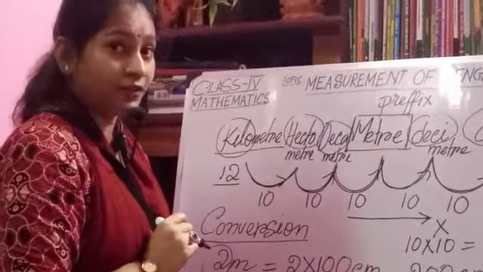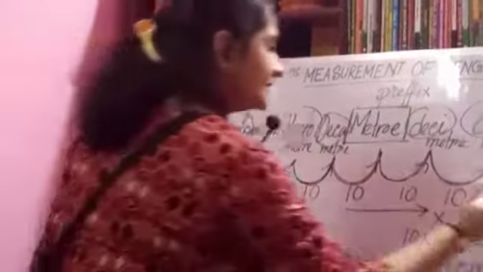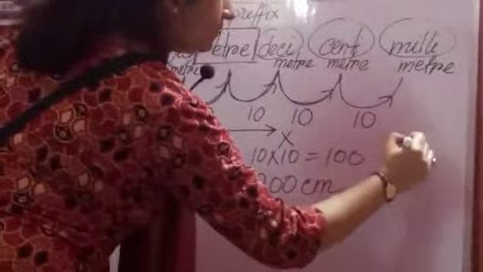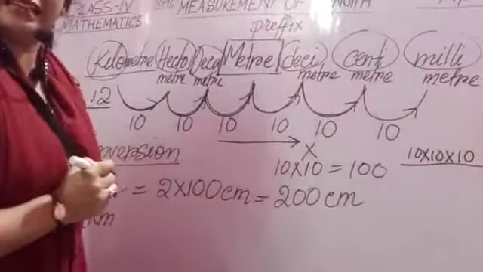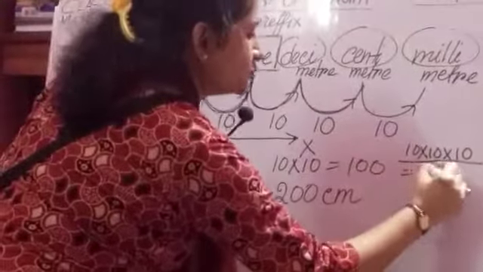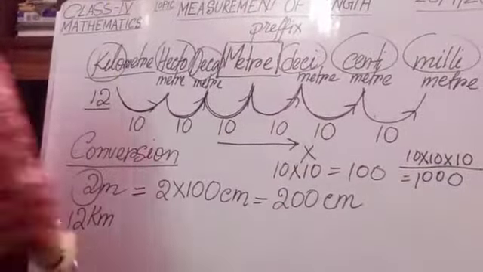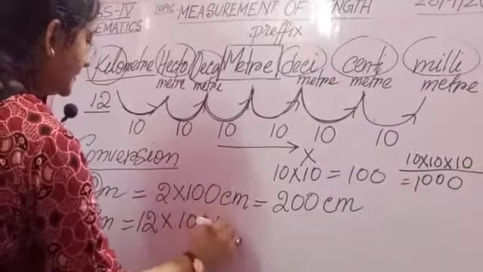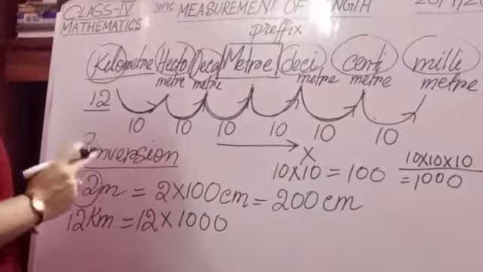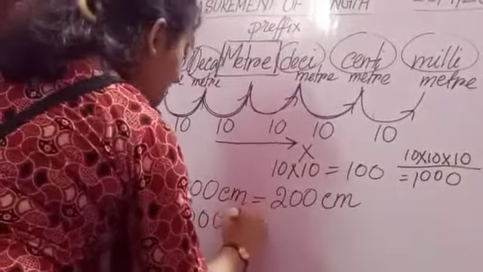Right? So, how many gaps? 3 gaps. That means 1 gap into another gap into another gap. 3 tens are there. So, it will be 1000. So, here I'll multiply 12 by 1000 meter.